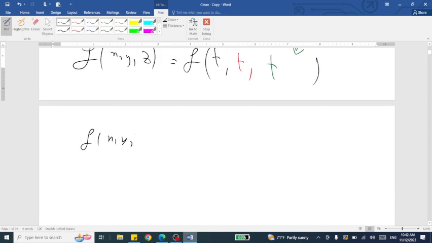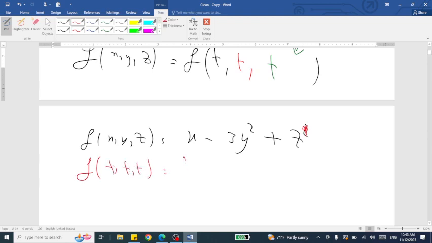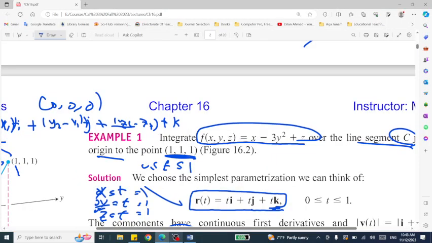Now, how about f(t)? It is t minus 3t squared plus t, right?